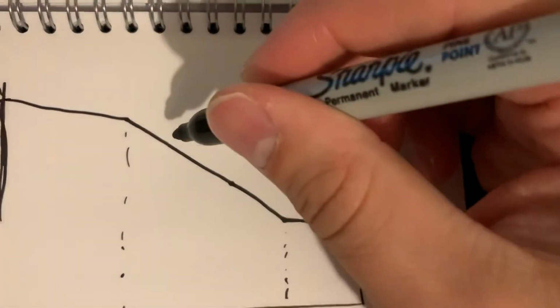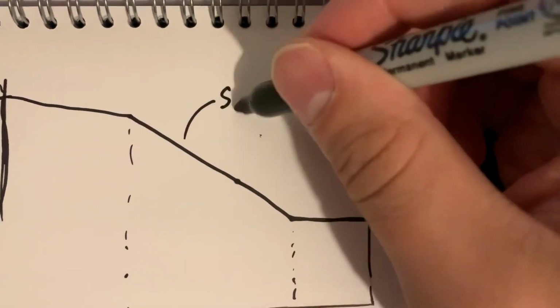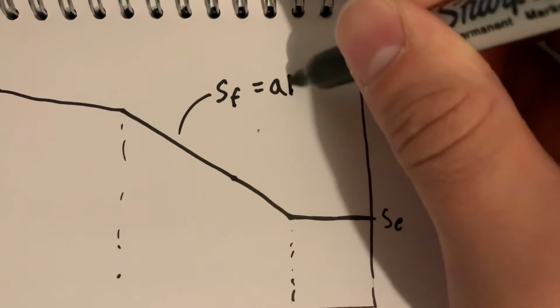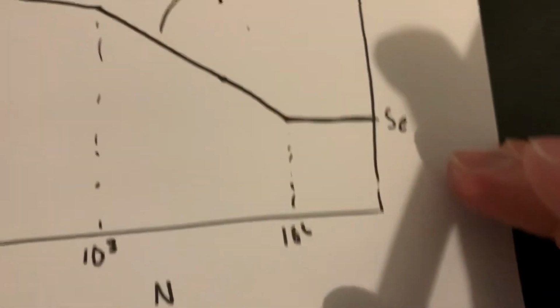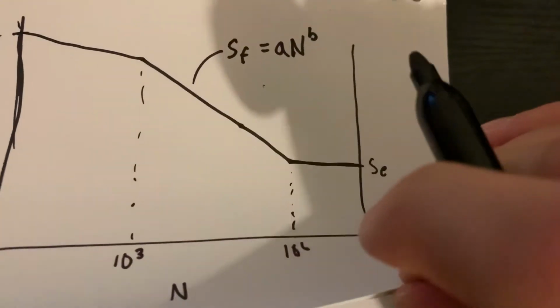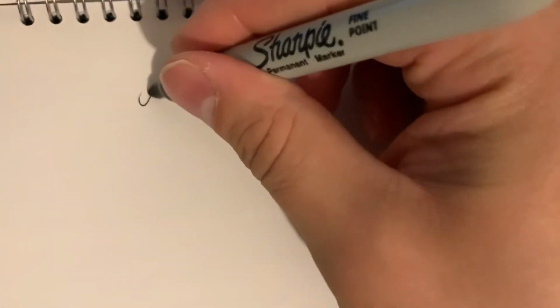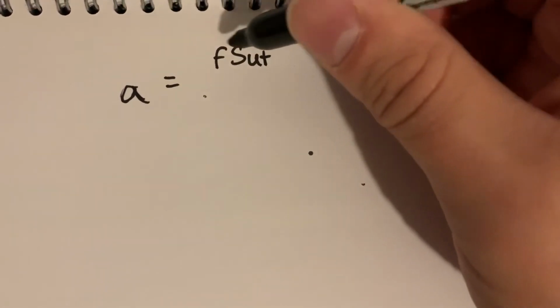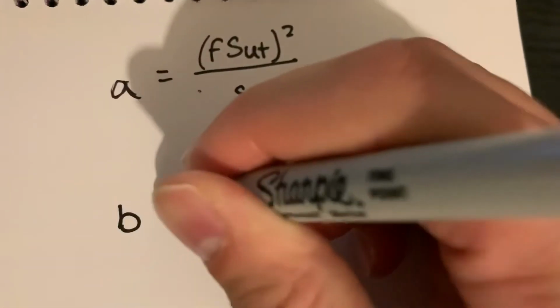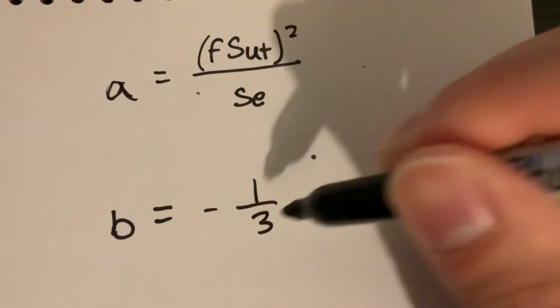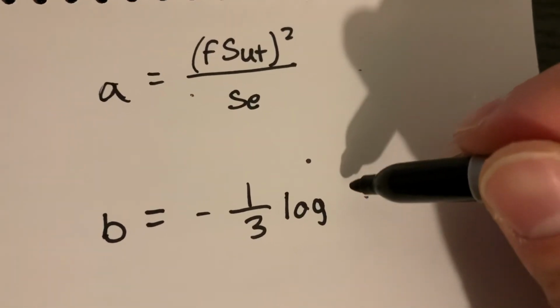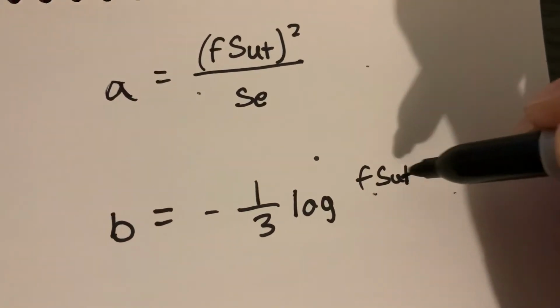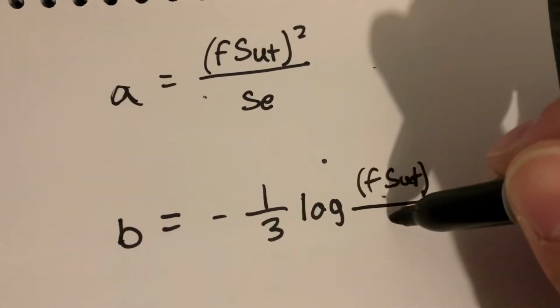And our curve can be quantified with S sub F equals A times N to the B. Now these constants A and B can also be found in equations. So A equals f times ultimate strength squared over S sub E, and B equals negative 1/3 log of f times ultimate strength over S sub E.